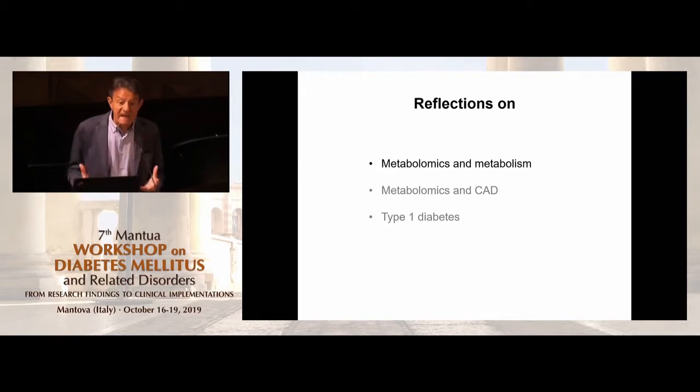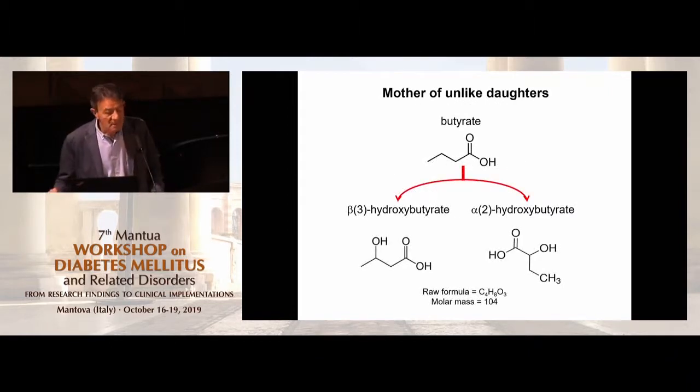Of course, omics, metabolomics, proteomics, transcriptomics, etc., are a big deal these days. But I want to go over my personal journey through metabolomics. This is the mother of 2 unlike daughters.